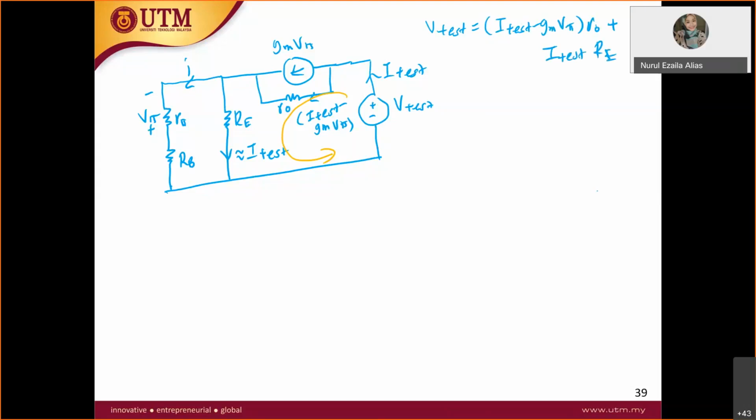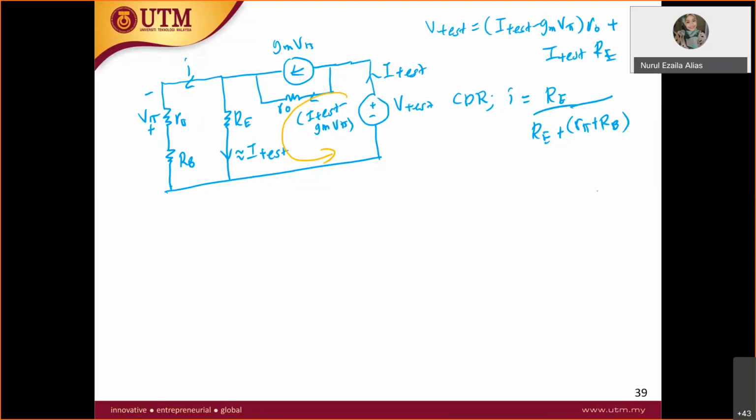And then I want to find the current by using current divider. Current is equal to RE over RE plus R pi plus RB. That is not in series.